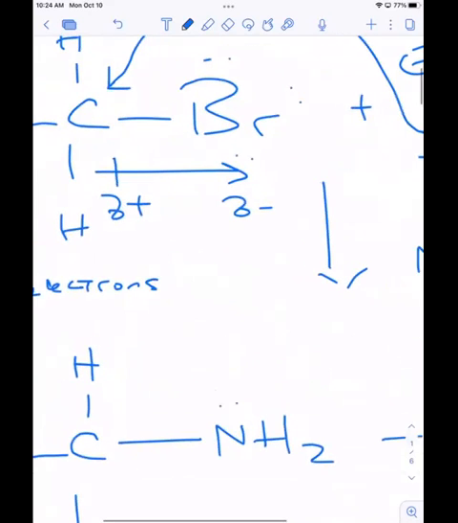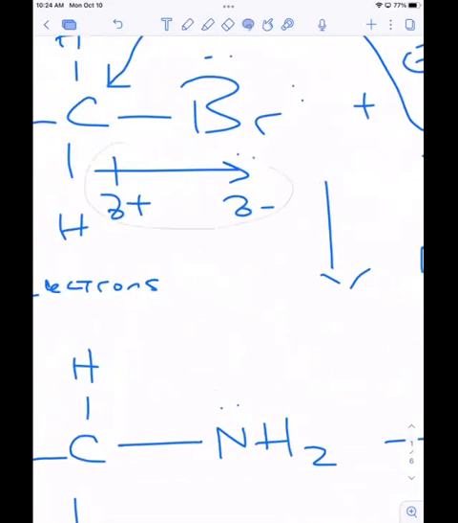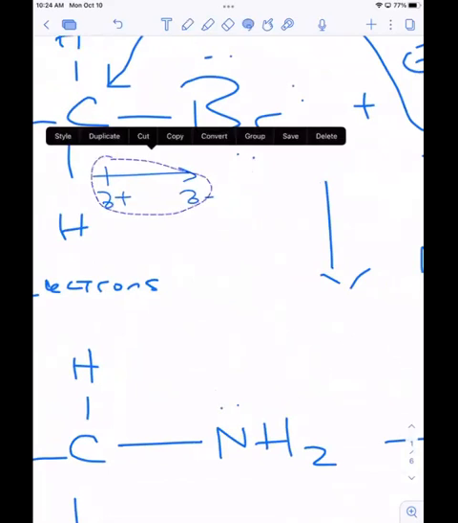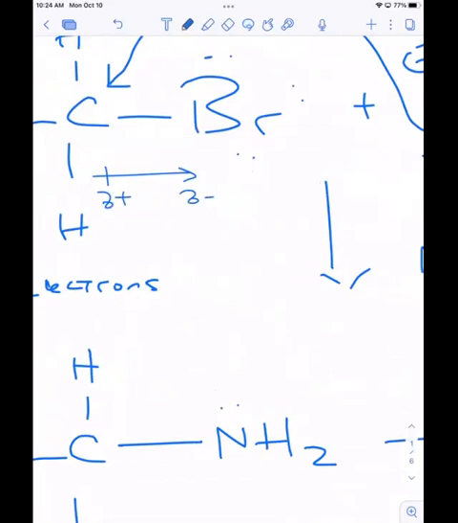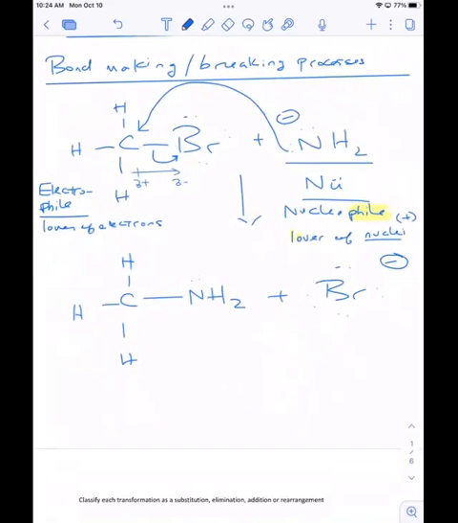Let me move down this. Right? I'm going to break that bond. And remember, anytime I break a bond like that, I give the electrons to the most electronegative atom. That never changes. So nucleophile comes in and attacks carbon, and then I'll break the carbon-bromine bond.